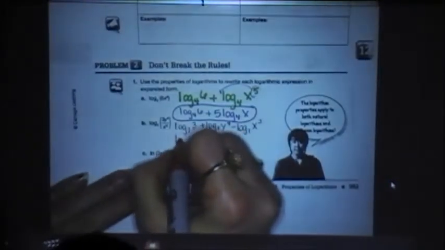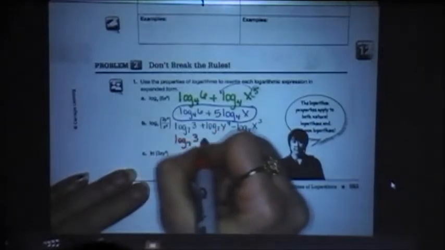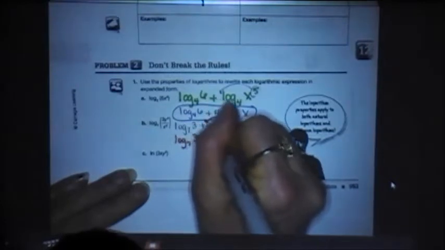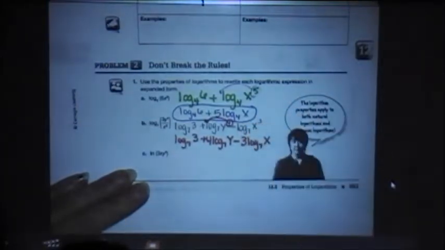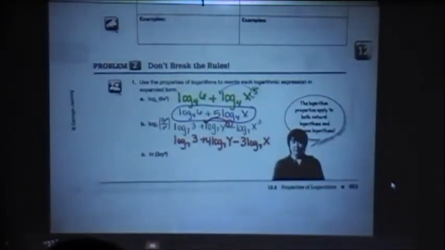So I've got log base 7 of 3 plus, now this 4 gets to move to the front. So 4 log base 7 of y minus 3 log base 7 of x. This is great. And that's it. Everybody okay?